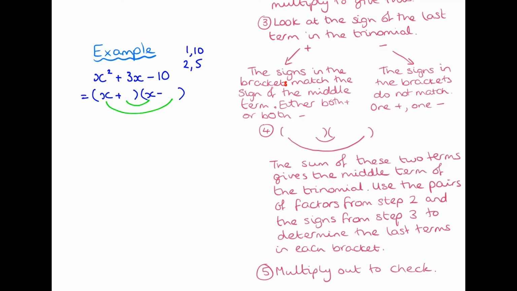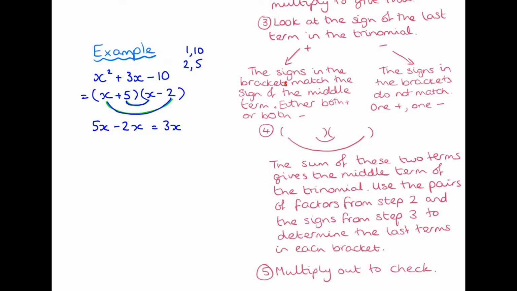Okay, now if the combination needs to be plus 3x, that means that the bigger number has to be with the plus. So we would have to put the 5 with the plus and the 2 with the minus. And if we multiply that out, we've got 5x there and minus 2x there, which gives us a positive 3x, so that's correct.